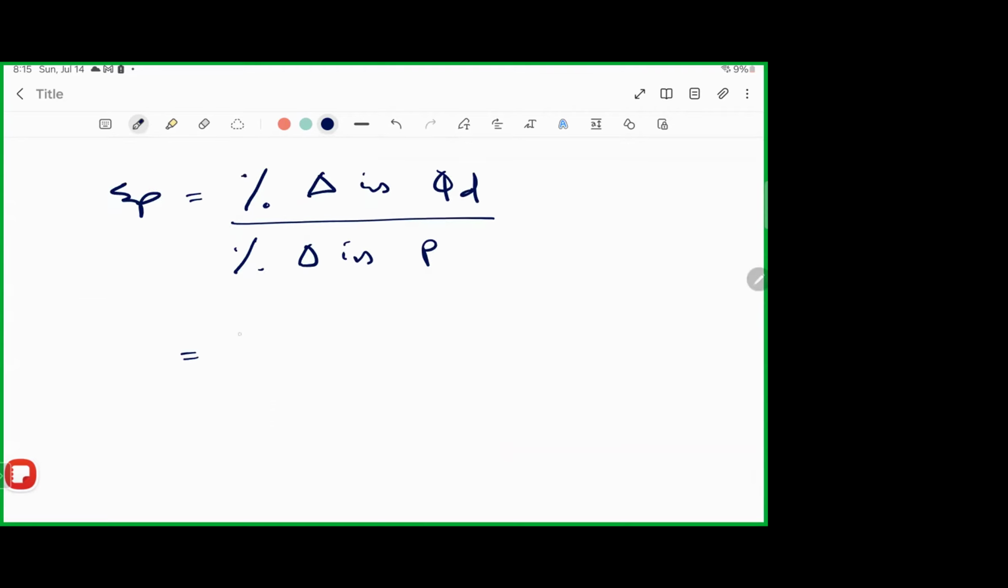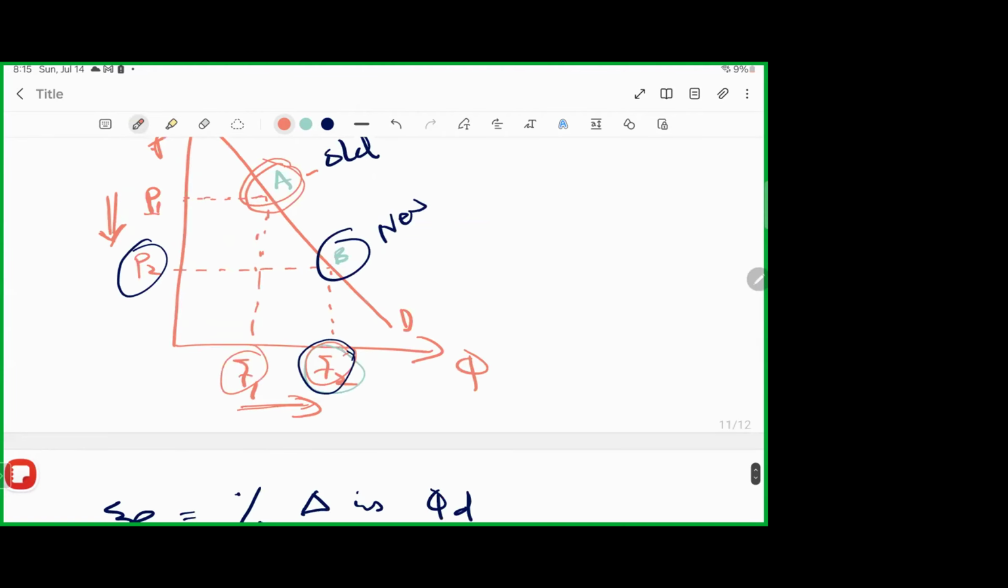The percentage change in quantity demanded can be written using the new quantity. As you can see, this is the new point and this is the old point.